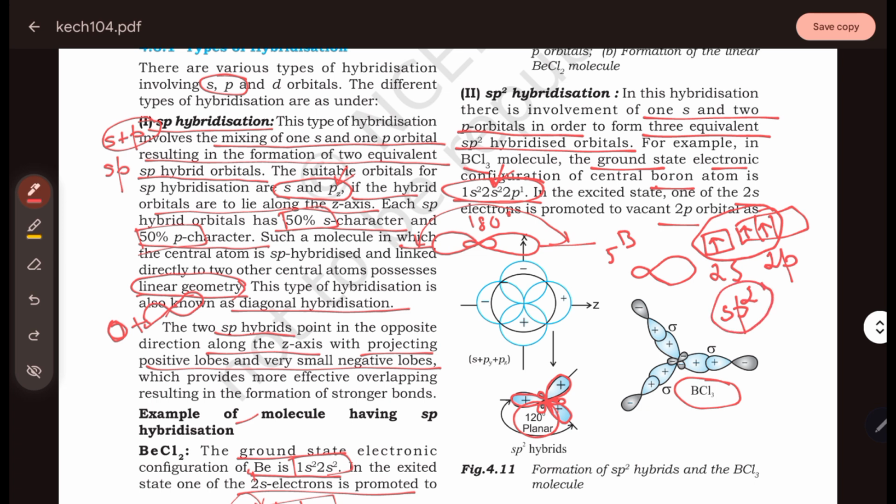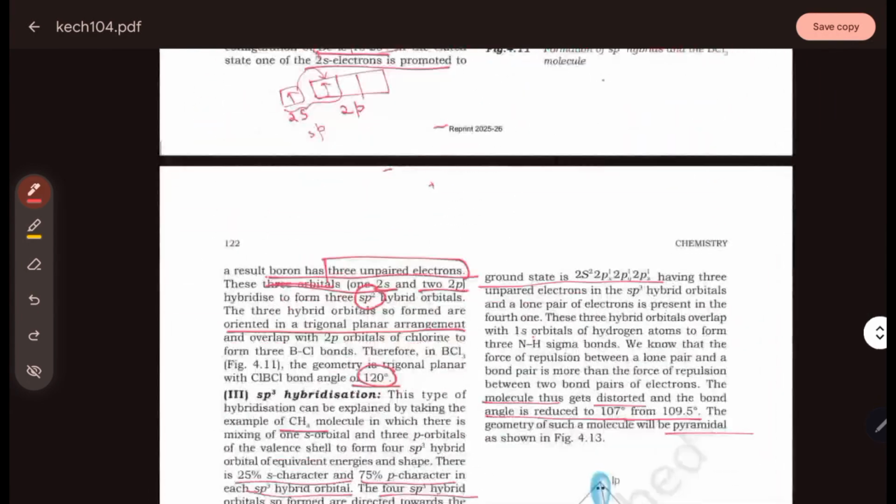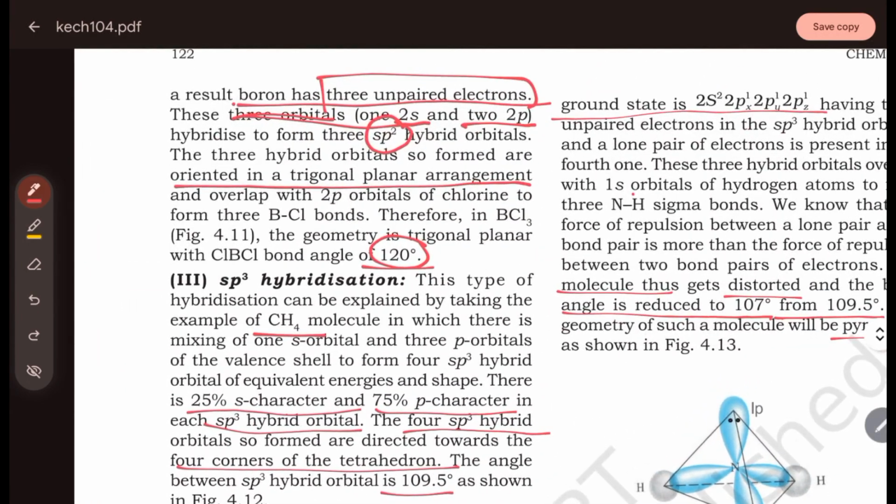This sp2 hybrid orbital is 3 in number because the combining orbitals are one s and two p. So the orbitals combine to give you a set of 3 hybrid orbitals, which is sp2, and the bond angle is 120 degrees. So this is what we can see.